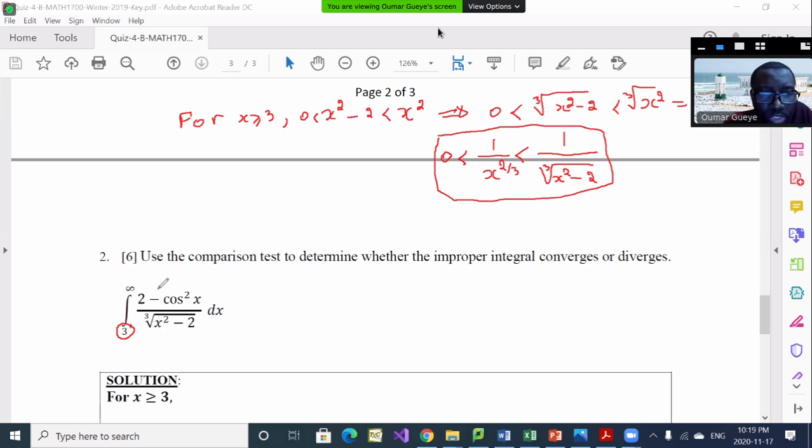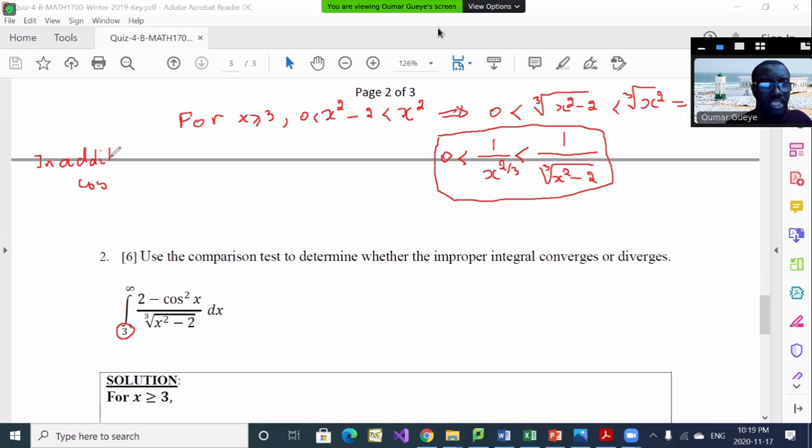Now I'm going to work with the numerator. Okay, I know here cosine x, in addition here.